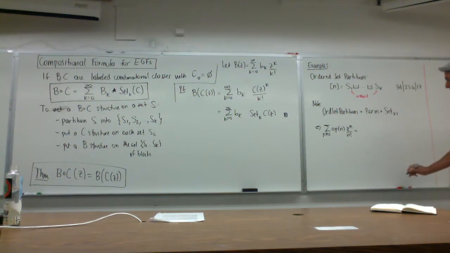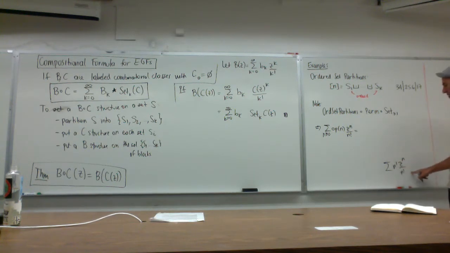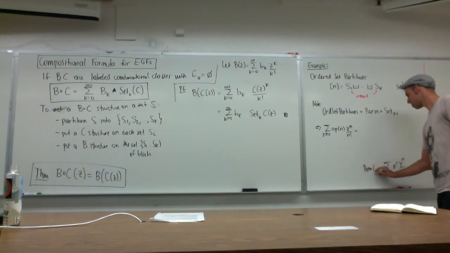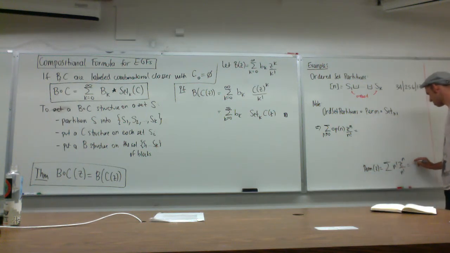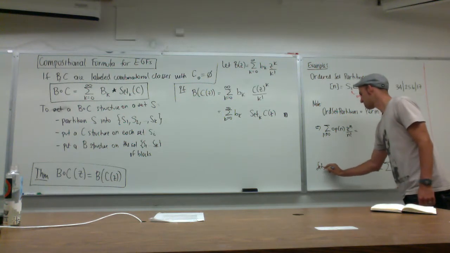Remember that these are exponential generating functions. So if I want permutations, there's n factorial permutations of size n, so I get 1 over 1 minus z. And what was set greater than or equal to 1?